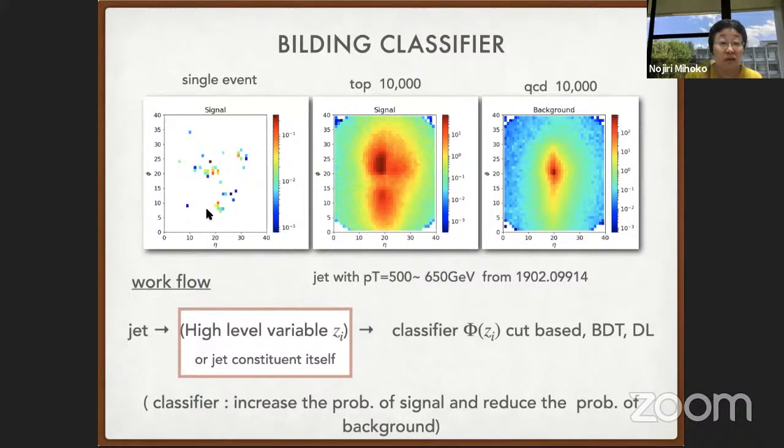In this picture on the left is a typical single event coming from a top. The center one is the average image of the top jet, and the rightmost one is the QCD average image. The workflow is that you have a jet, and you might use high-level variables like tau or energy flow polynomials, or you can use the jet constituents themselves to build up the classifier.